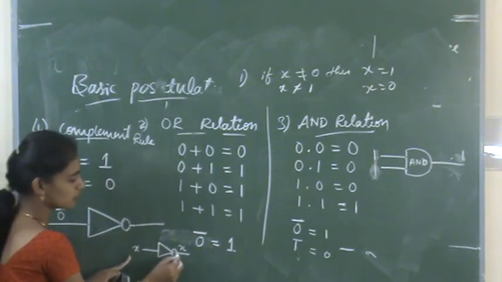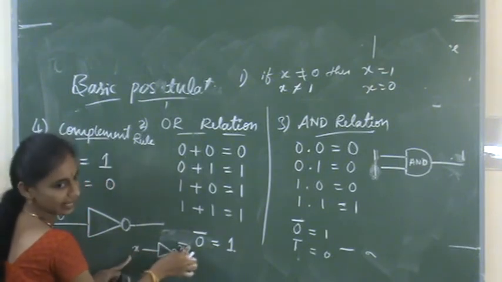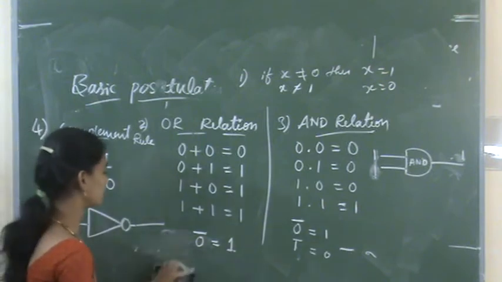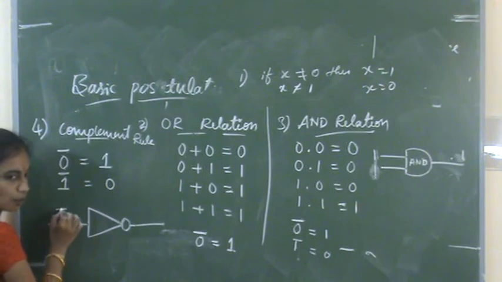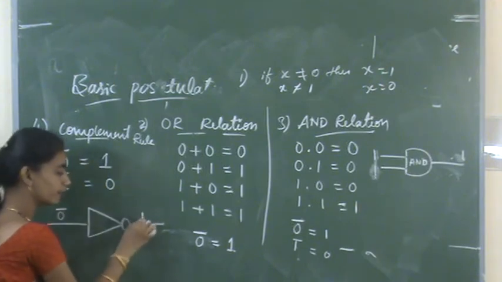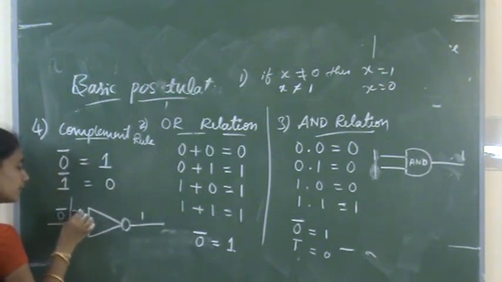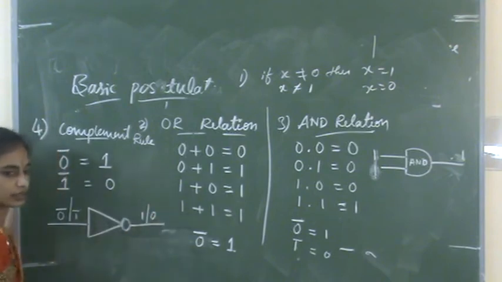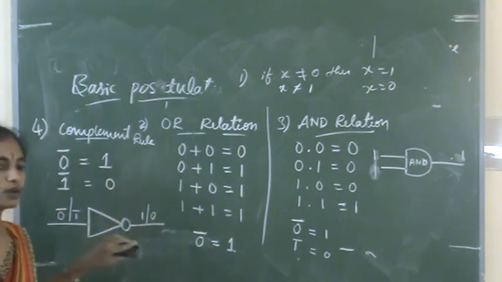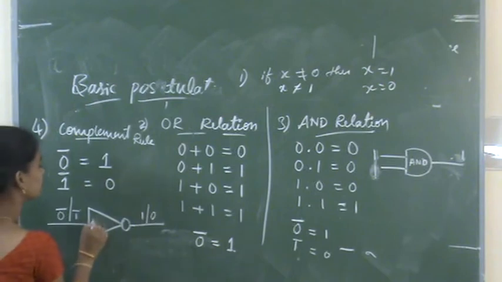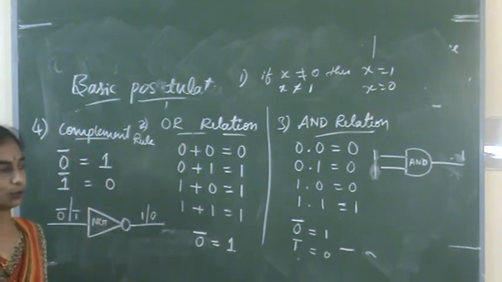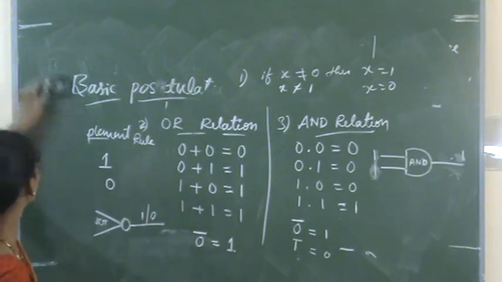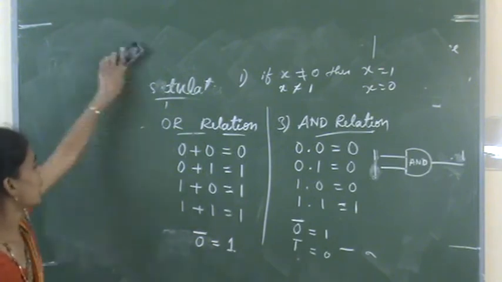So if I provide 0, the output will be 1. If I provide 1, the output will be 0. So this is how we represent the complement rule. Next we have the principle of duality.